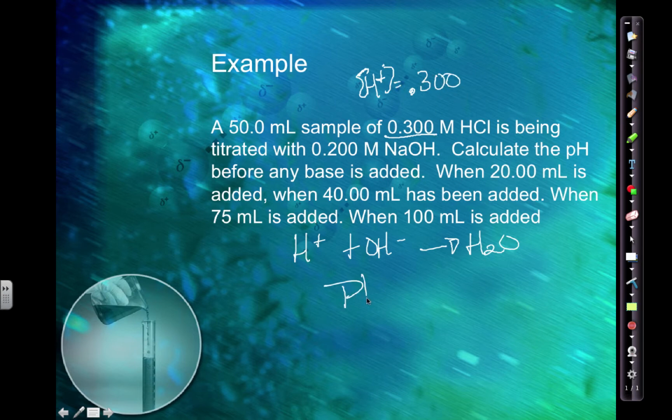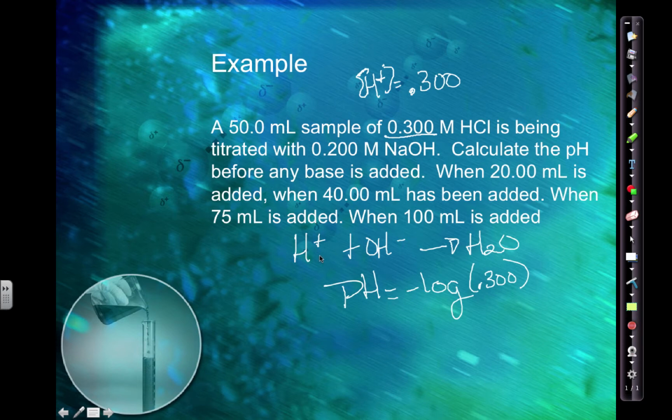So before anything is added, it's going to be the negative log of 0.3, because that is the concentration of hydronium when you have hydrochloric acid. You have the concentration of a strong acid, then you have the concentration of hydronium or hydrogen ions. And this is before you've added any base, so something that we've done before.